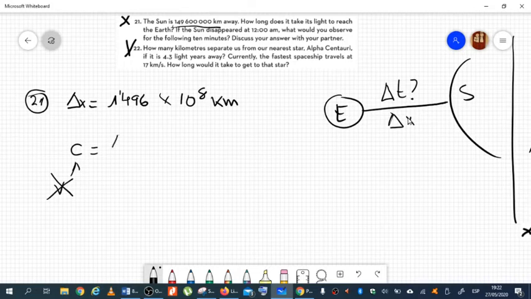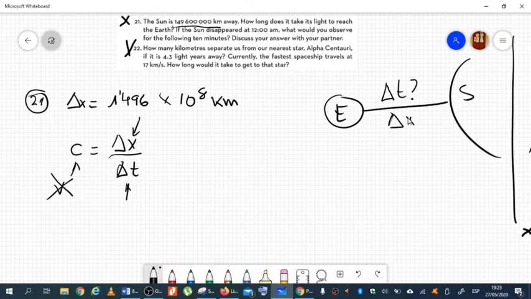So we have the distance covered divided by the time taken. Remember, distance covered or traveled by the time taken.